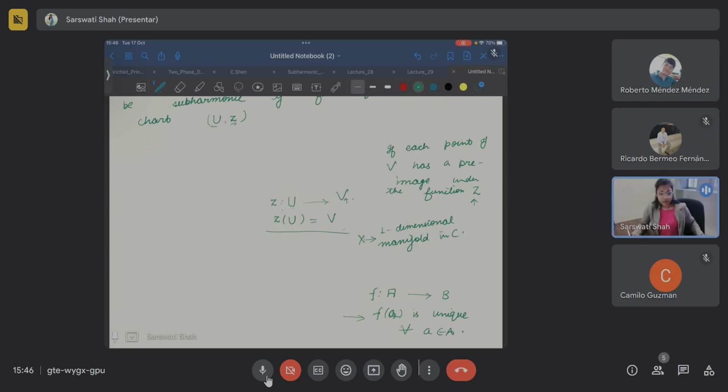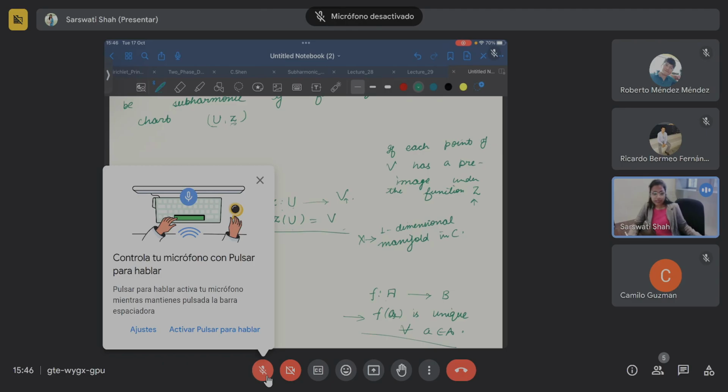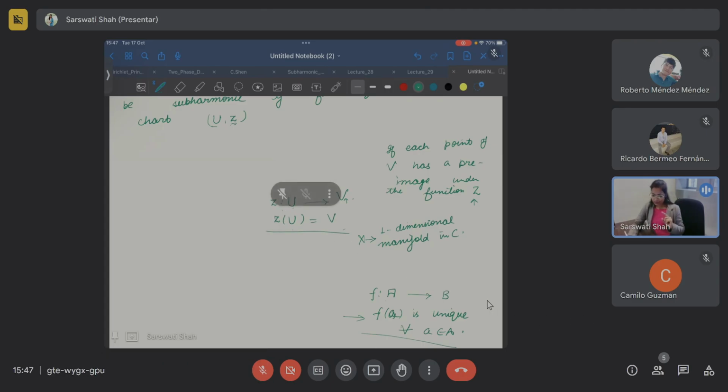We call it a one-one function. It is defined in this way: F(a1) equals F(a2) implies A1 equals A2.